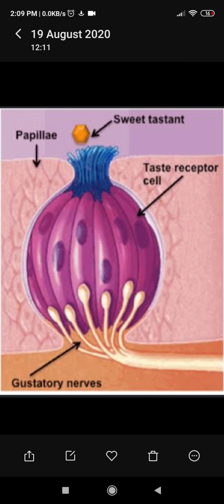At the apical end of each gustatory cell, microvilli project towards a 2 micrometer wide opening in the structure called the taste pore. Tastants dissolved in saliva contact the microvilli through the pore and interact with the cell surface taste receptors. Here the function of microvilli is to give surface area for taste receptors.